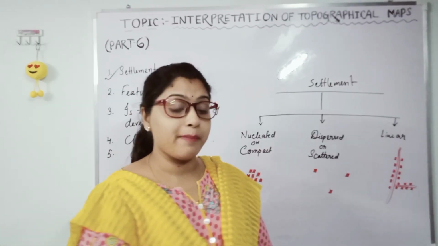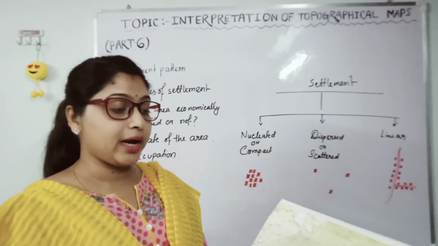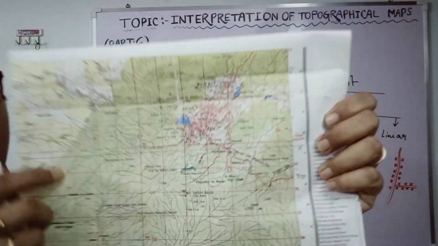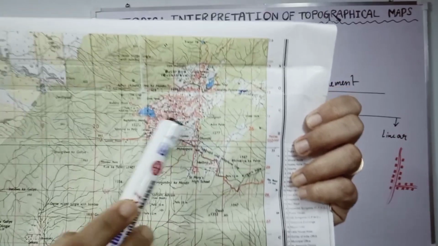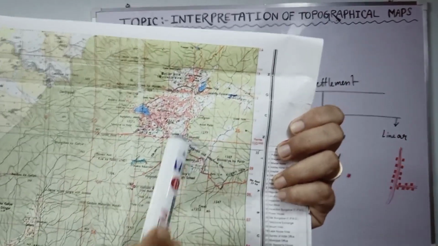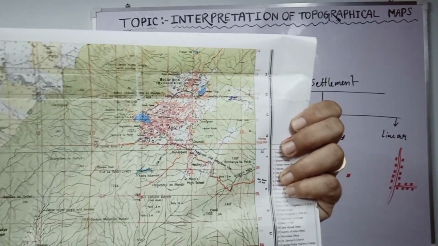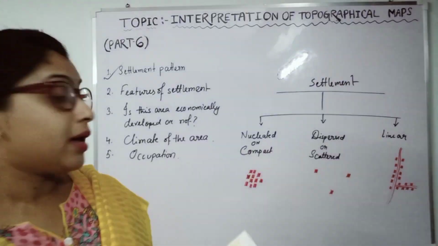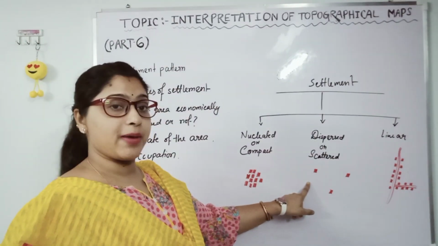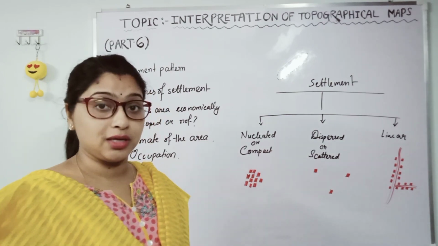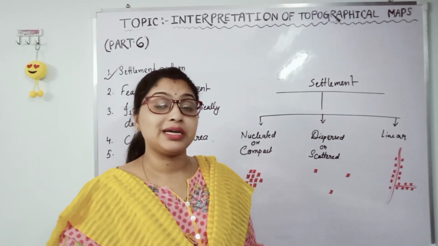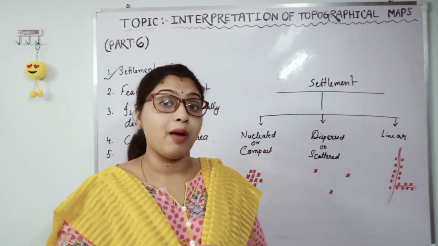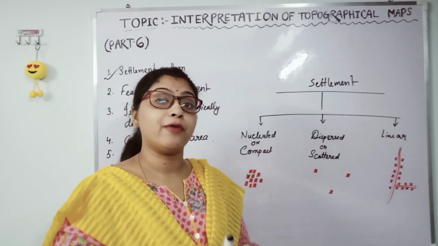I am showing in the map what it looks like. See, here in this part of the topo map you can see all the people living close to each other, that is compact or nucleated settlement. Next, dispersed or scattered settlement, where people do not live at one place, they live apart or far from each other.